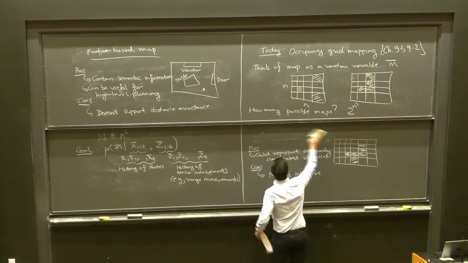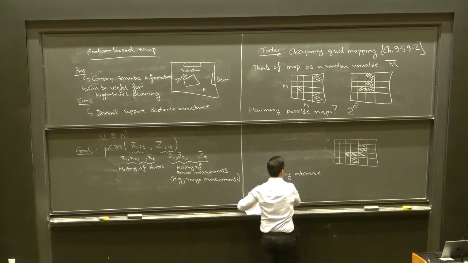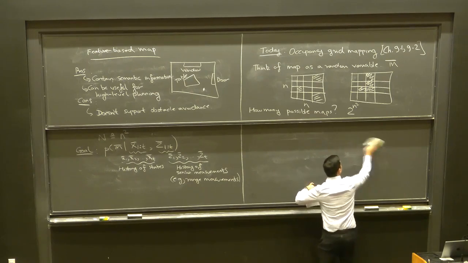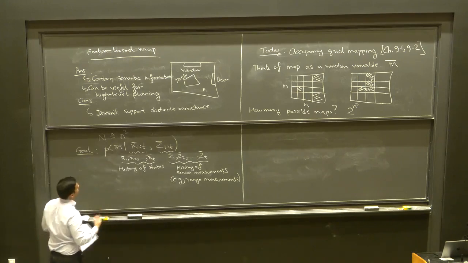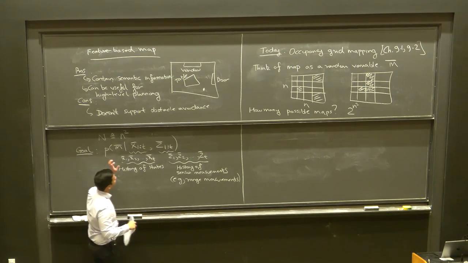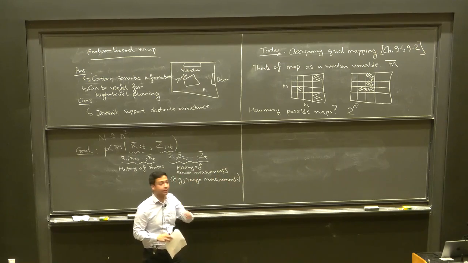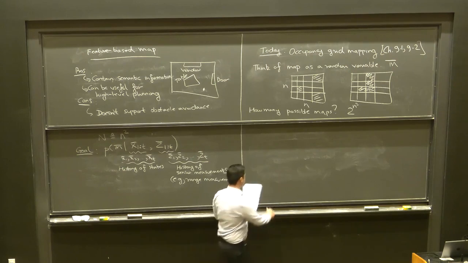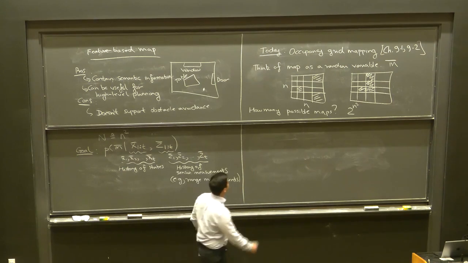Okay, so let's think about this problem of exponential blow-up. It's not going to be possible to store 2 to the capital N numbers that associate probabilities with different maps. So we need some more computationally efficient representation.